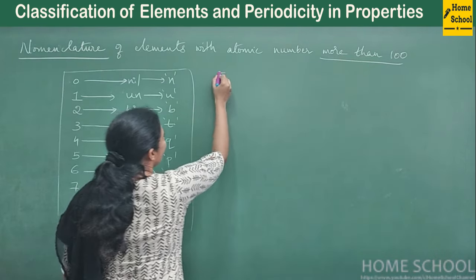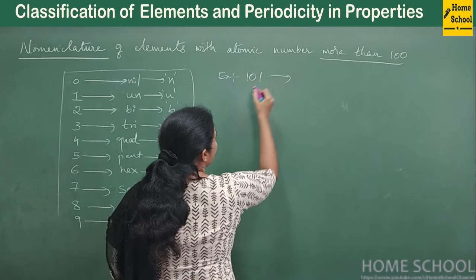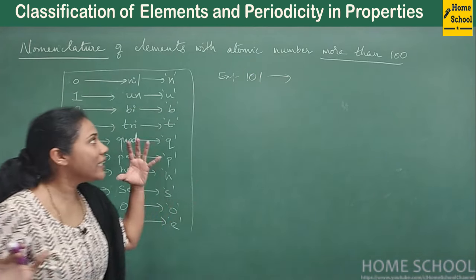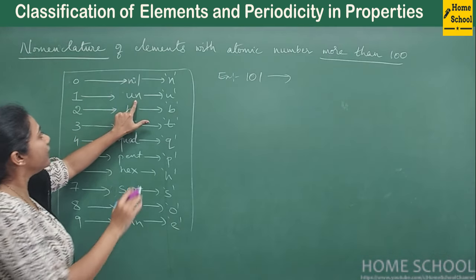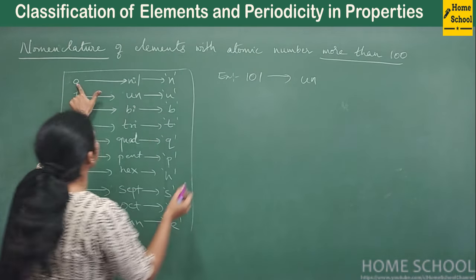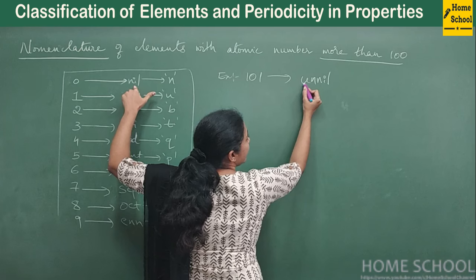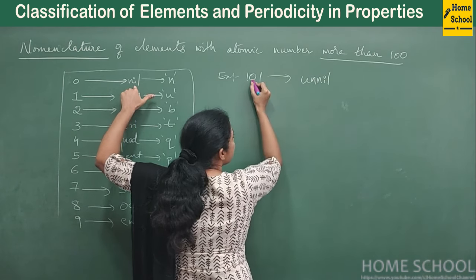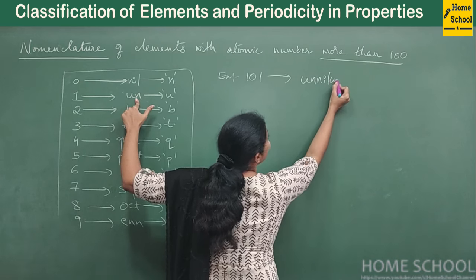I'll show you an example. If you have an element with atomic number 101, and you have to give the name, for 1 what do you call it? For 1 you call it un. 0 is there, right? For 0 what do you call it? You will call it nil. Don't give any gap, continue writing. 1 is un, 0 is nil, again 1 is there, again un.